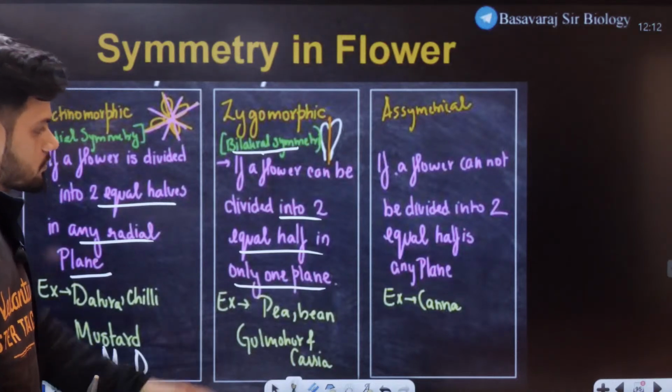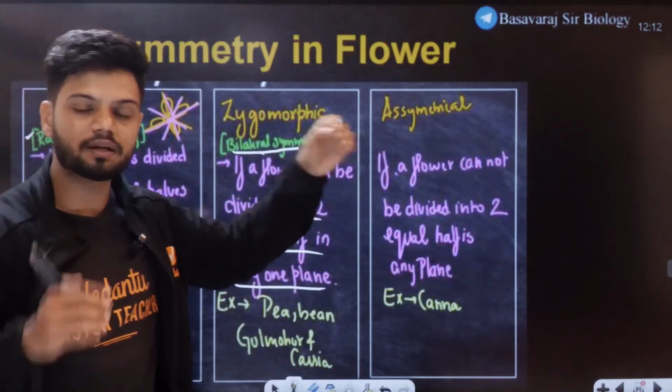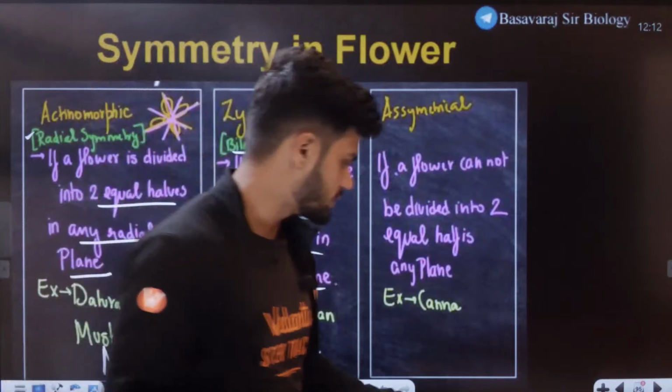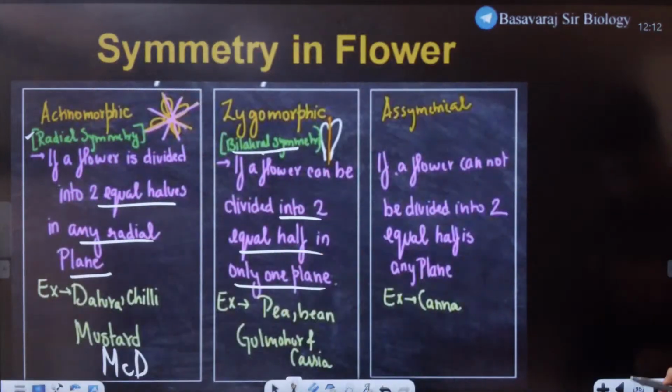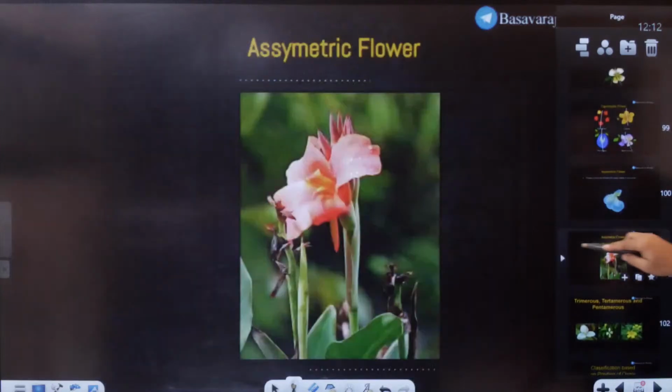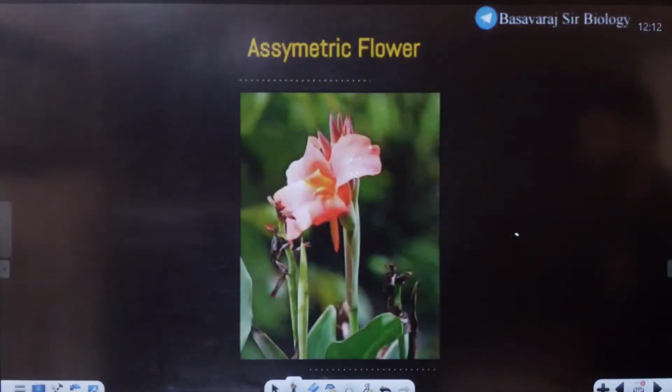Now, what is asymmetry? You tell me, students. This flower right here, how can I divide it? Is it possible to divide this flower in any other plane?